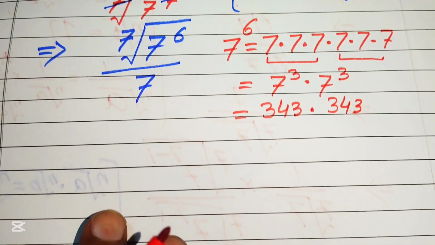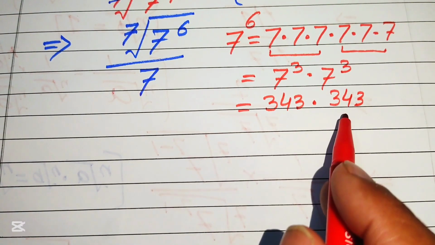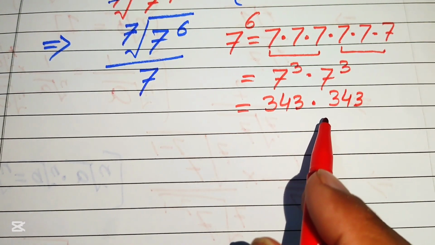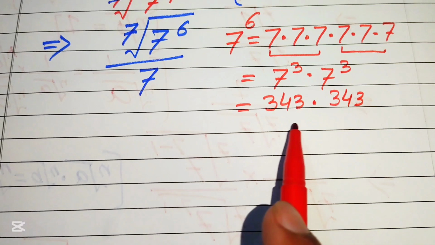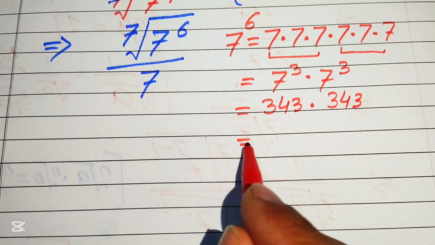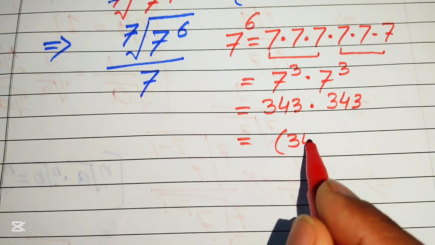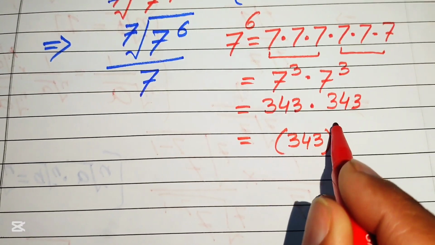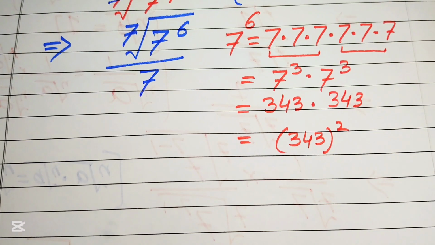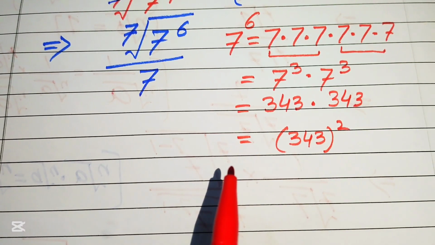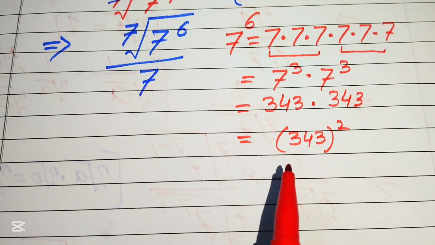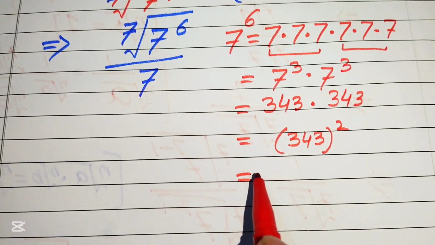In order to move further, we need to multiply these two terms, and here you can use the traditional method of multiplication in order to get the product of these two numbers, or in other words, you will obtain 343 squared. If you can multiply these types of numbers, then you will get the output.